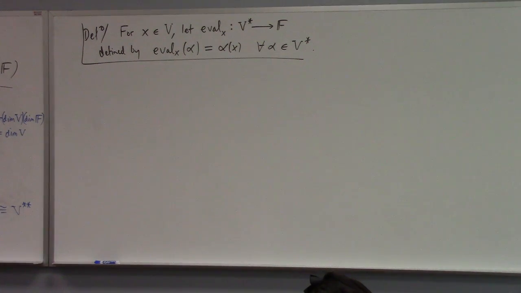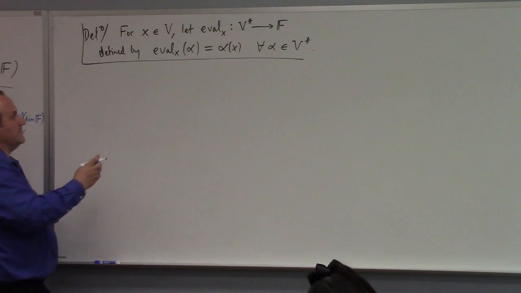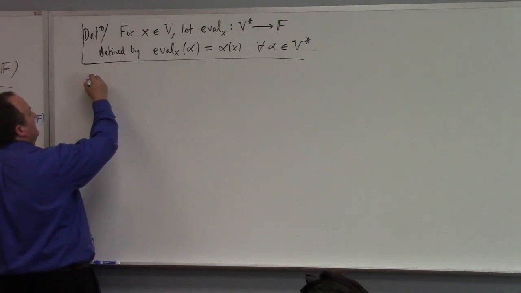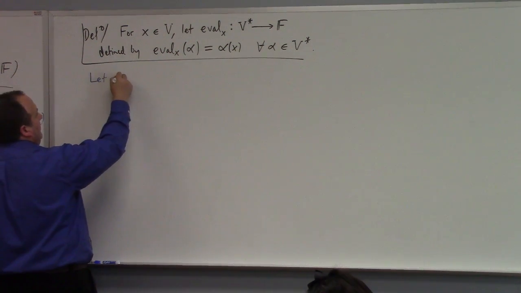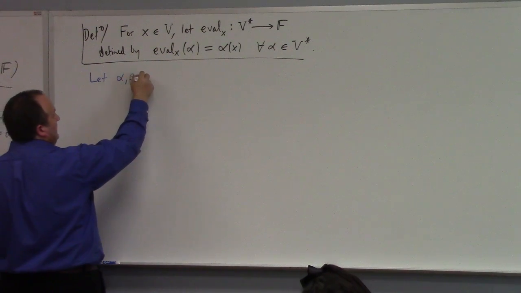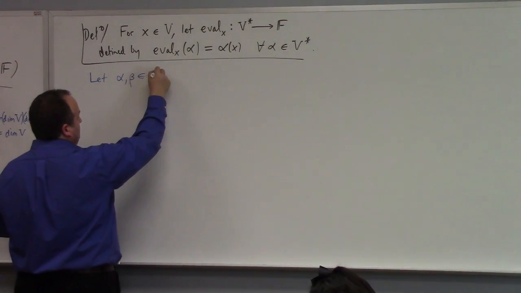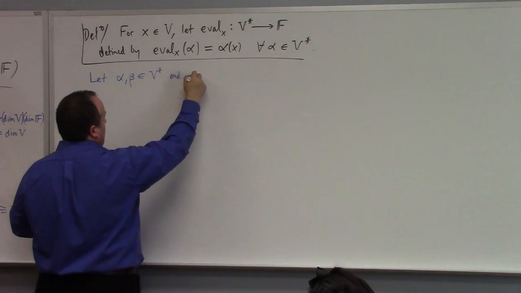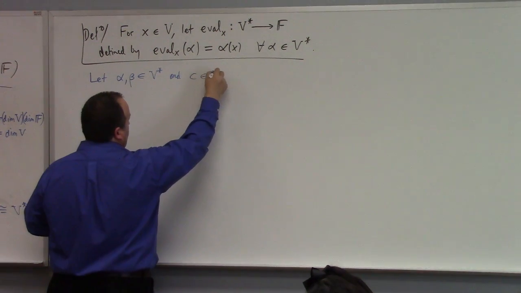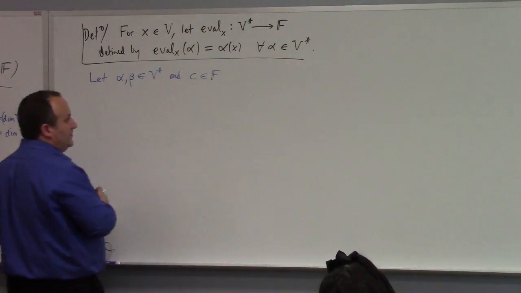Is this a linear transformation? It's not in my notes, but let's just take a second and prove that this is a linear transformation. So how would we do that? Let alpha and beta be elements of V dual. And let C be a scalar, a number in my field.